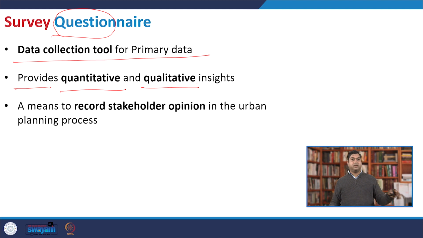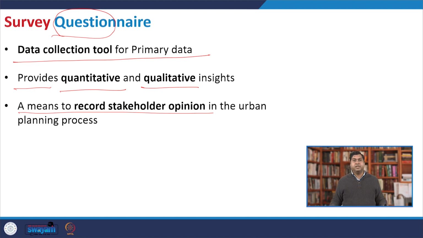So it is not that whenever you go for a questionnaire survey, it will always intend a quantitative analysis. No, that is not right. It can also give you some kind of qualitative insight depending on the question type that you fit into your questionnaire. It can also record stakeholder opinion in the urban planning process.